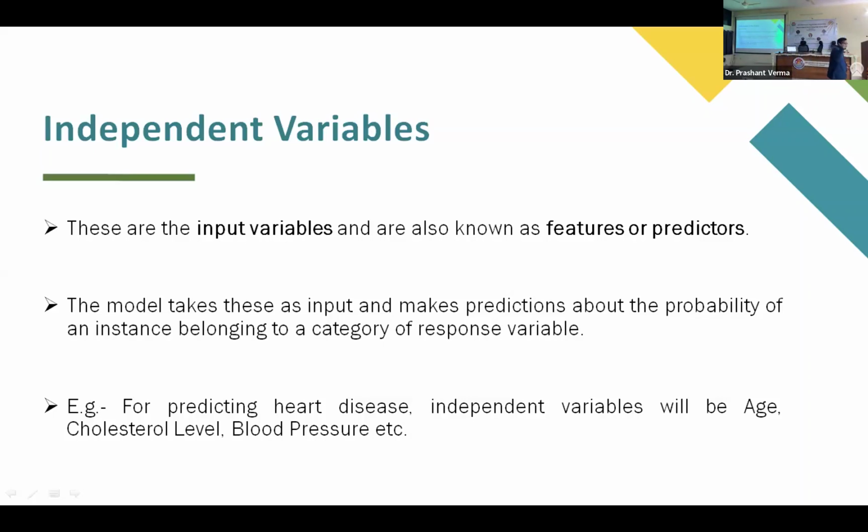It will predict the class of the output variable using the input variables. For example, if you want to predict heart disease, the independent variables will be age, cholesterol level, blood pressure, etc. So what do these variables affect? Whether the person is having heart disease.